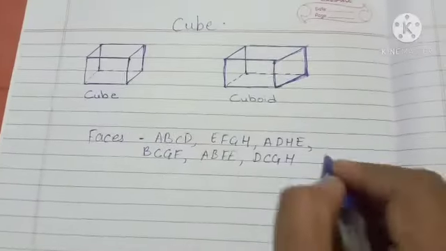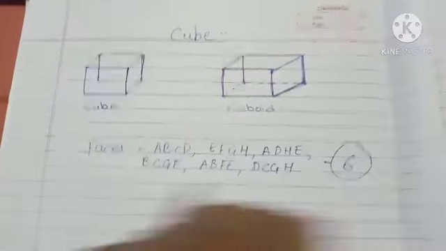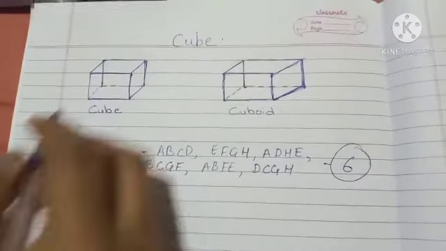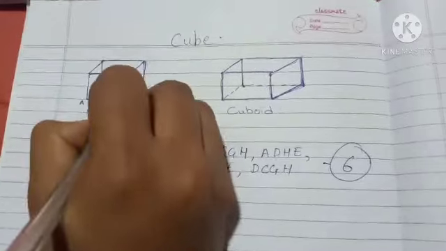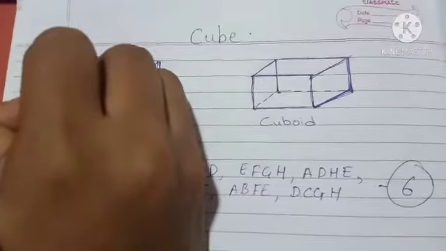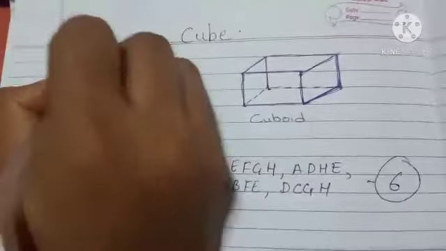These are the faces. That means total 6 faces. So we will be writing it here. This is A, B, C, D, E, F, G, and H.